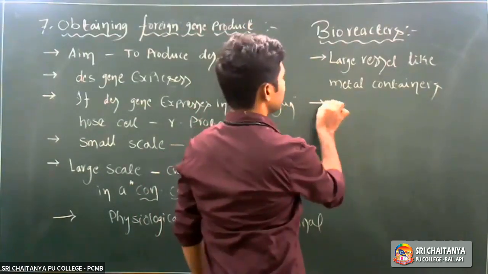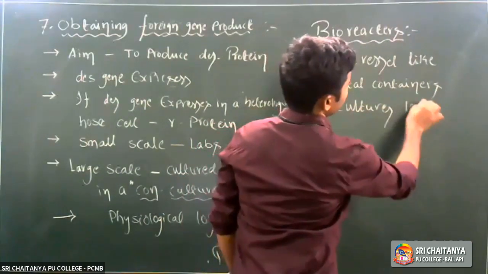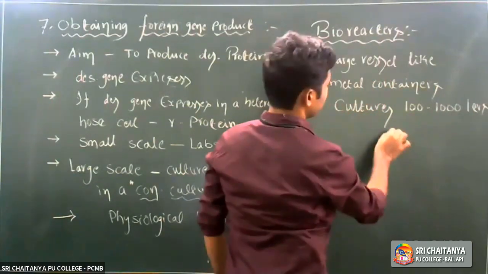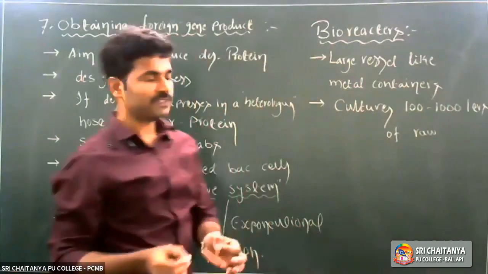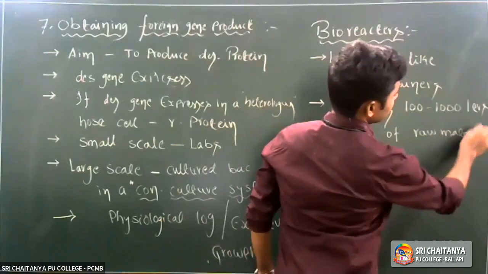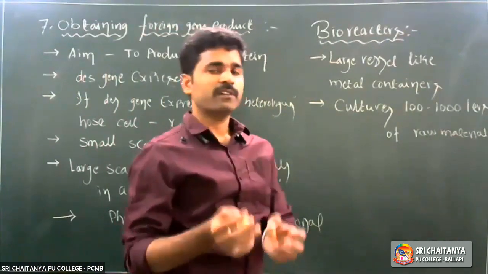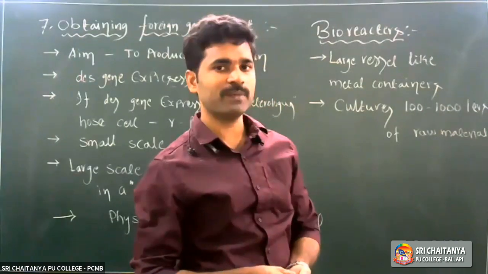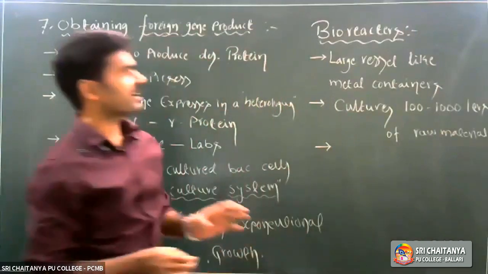Right? So it cultures 100 to 1,000 liters of raw material, which is biologically converted with the help of bacteria into the desirable product. See, why are we using bioreactors here?